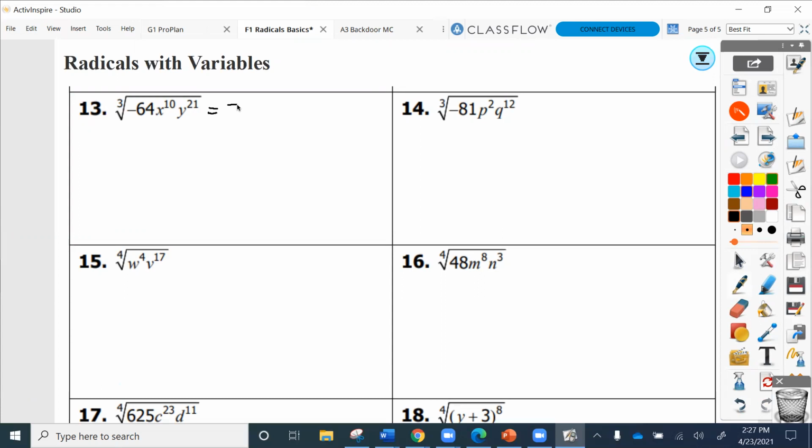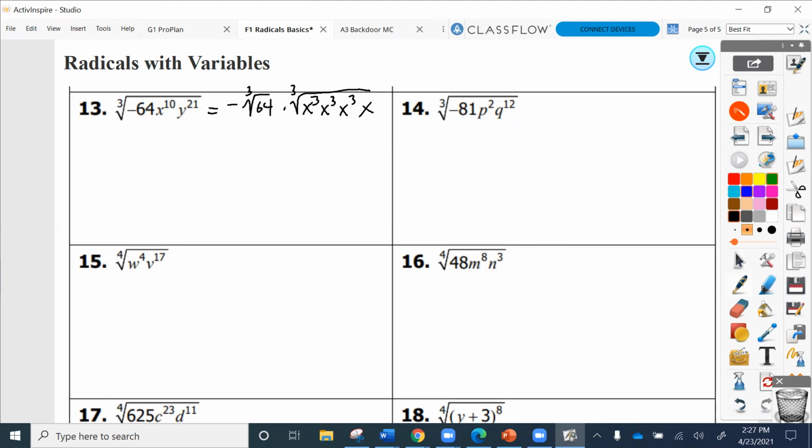And recognize that the cube root of 64 is 4. So if we do the cube root of 64 times the cube root of, let's say, x cubed, so that's x to the 6th so far, x cubed, that's x to the 9th, and we'll just do x.